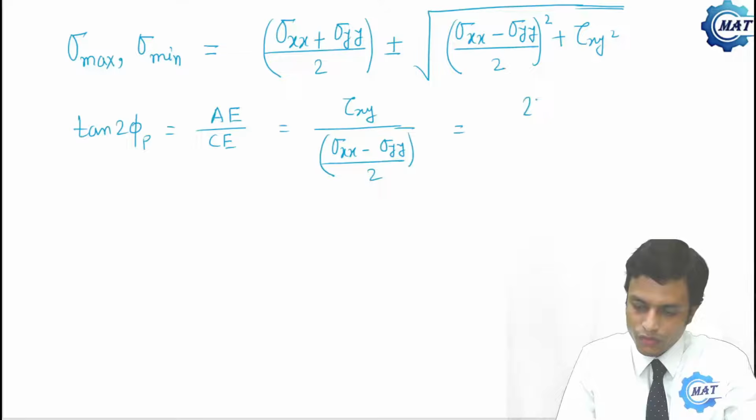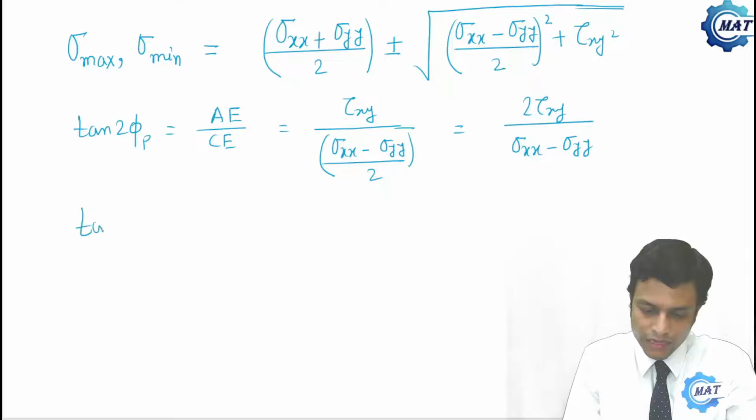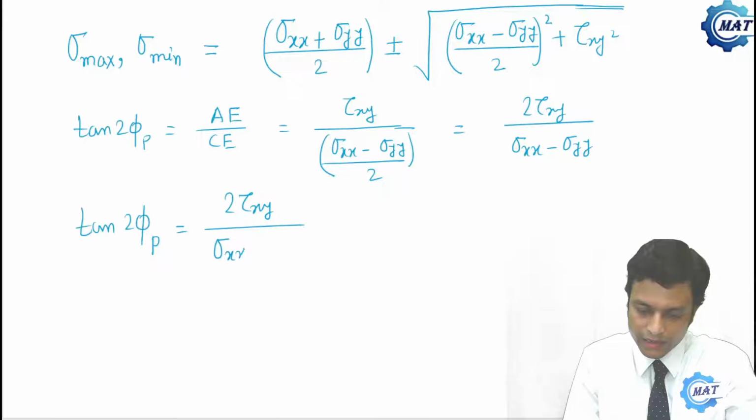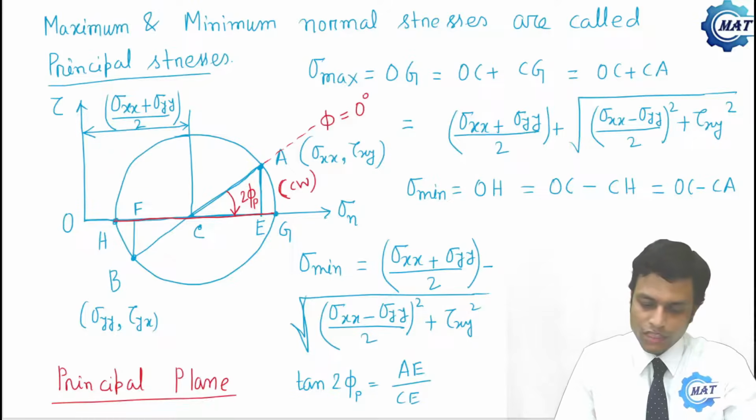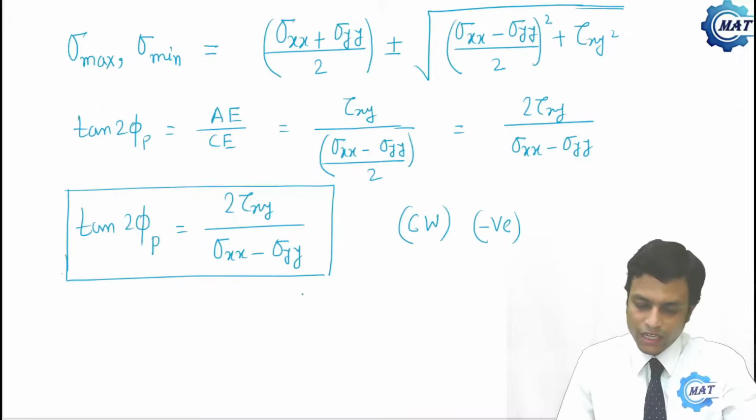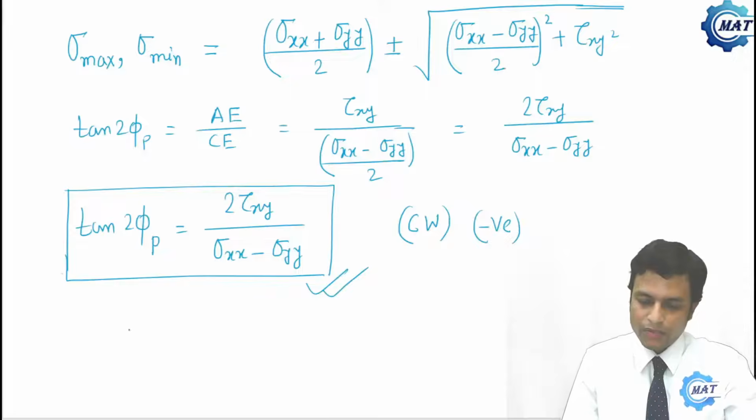So tan of 2 phi p is 2 tau xy over sigma xx minus sigma yy. And here we have to observe one thing. This rotation is along the clockwise direction, so it will be considered as negative. This rotation of plane is negative because it is in the clockwise direction. So this is the expression for the orientation of the principal plane.